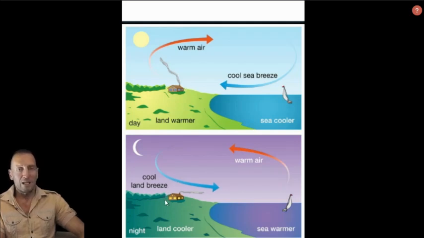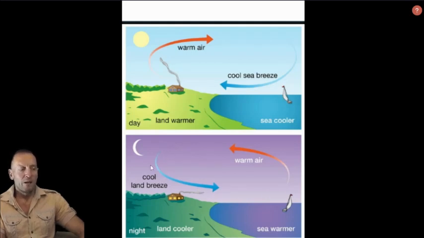At night the land gets cool much faster because it has low heat capacity and cannot hold the heat. So now the sea is warmer, and the warmer air is rising. It gets cooled, and because it gets denser, it falls down, and then we've got a cool breeze because the pressure here is now higher and goes into the sea.